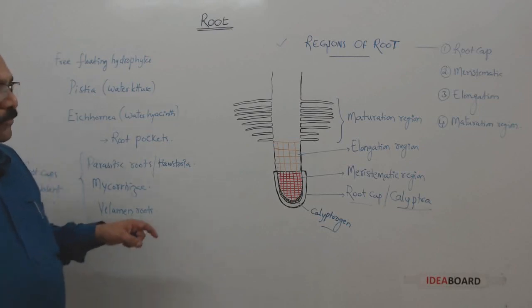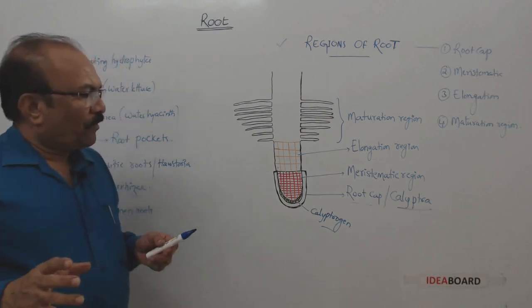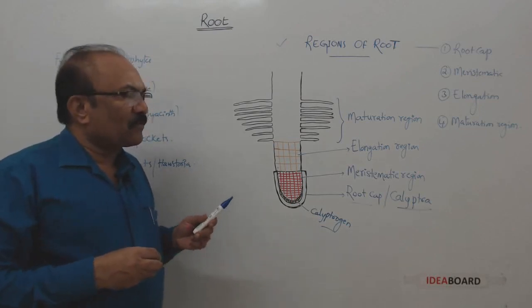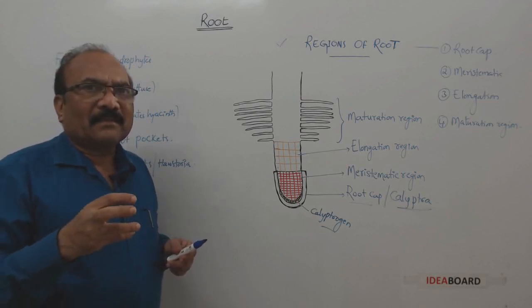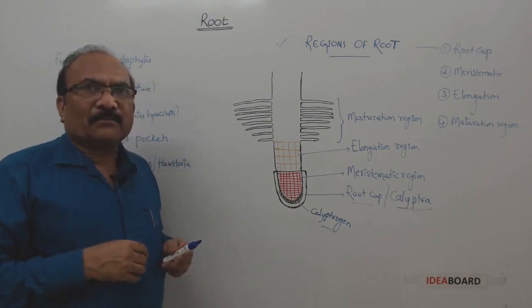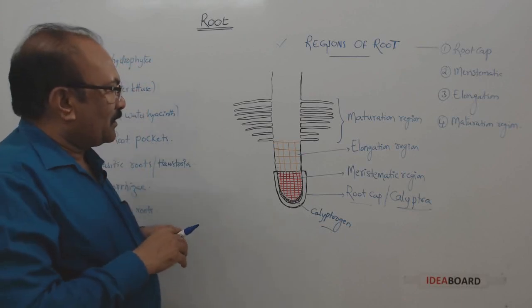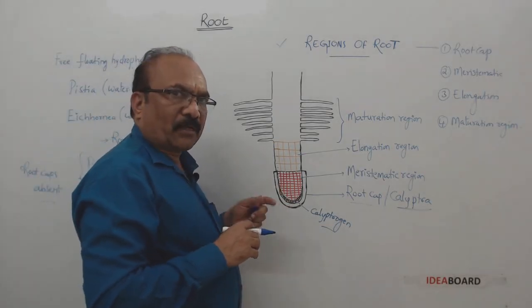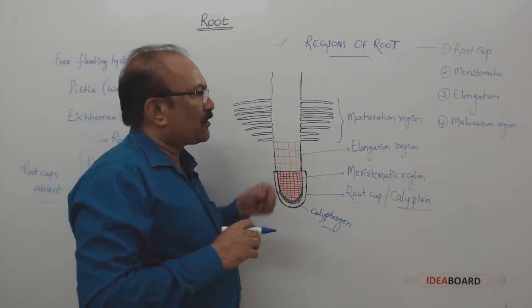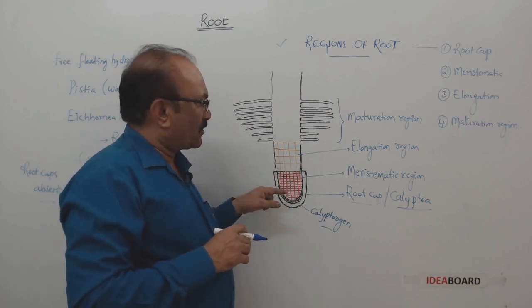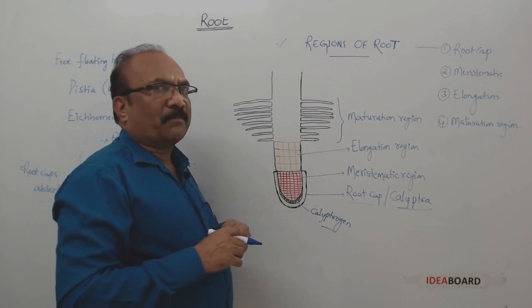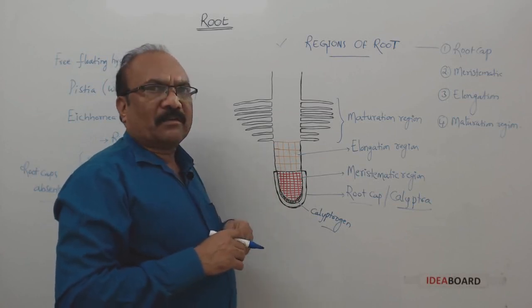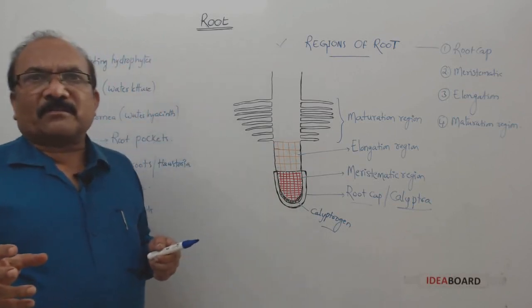So what is the function of the root cap? Protecting the meristematic tissue. And just above the root cap region, you will find the meristematic region, and what is the function of this meristematic region?